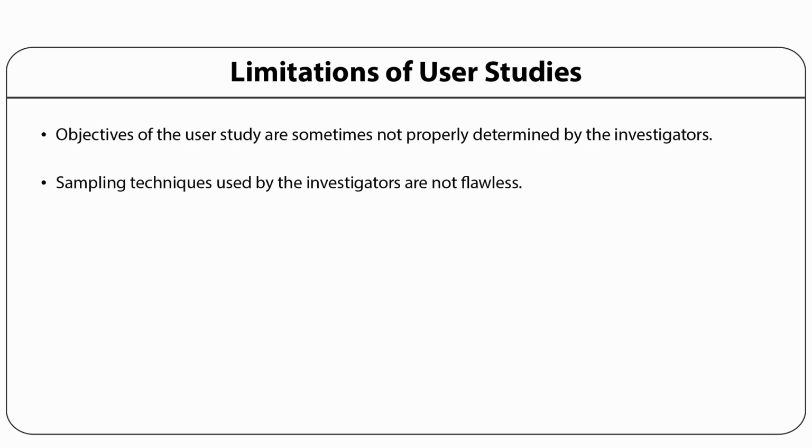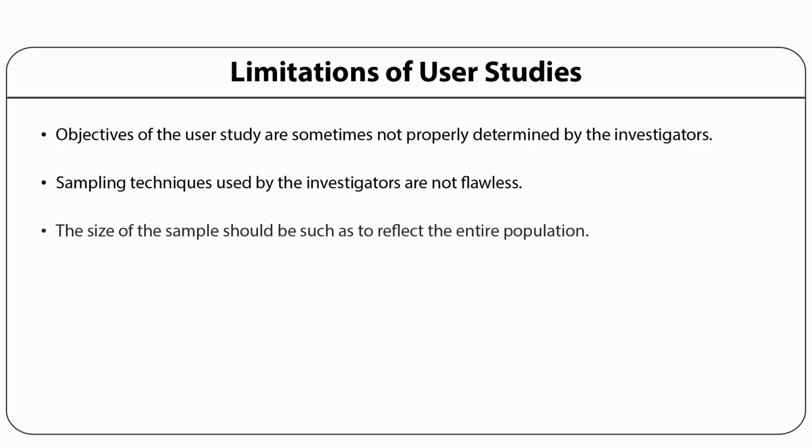The sampling techniques used by the investigators are invariably not flawless. Yet another limitation is that the size of the sample should be such as to reflect the entire population. It should not be biased.